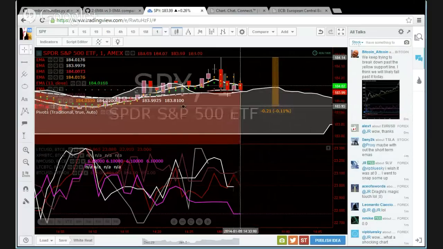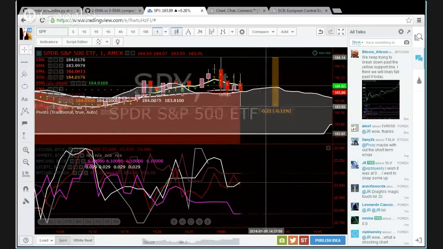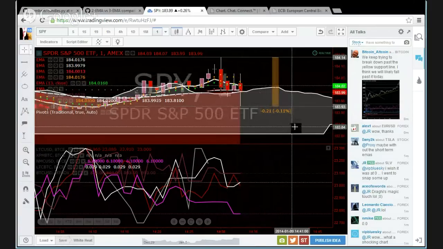So we know that a low has been put in and a high has been put in for the range thus far. And it's 21 cents.